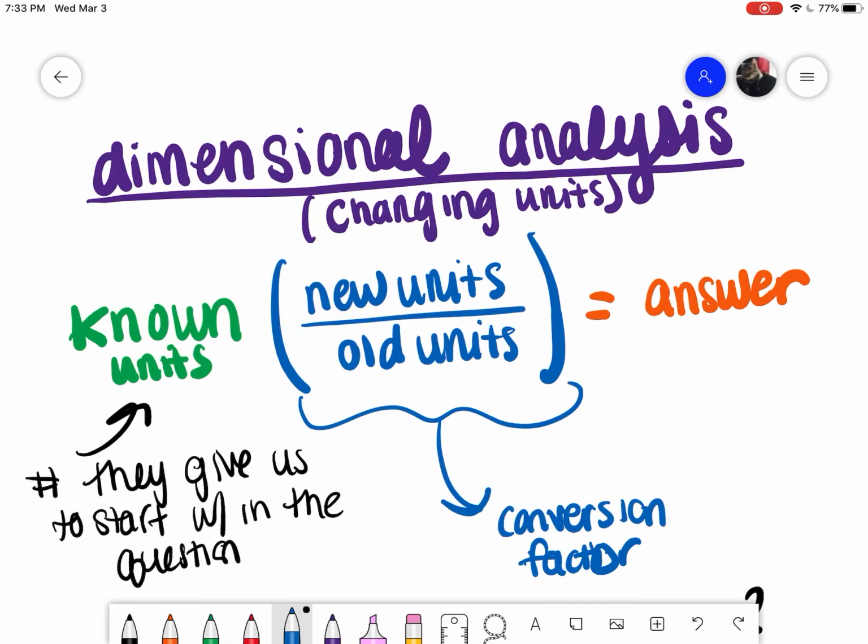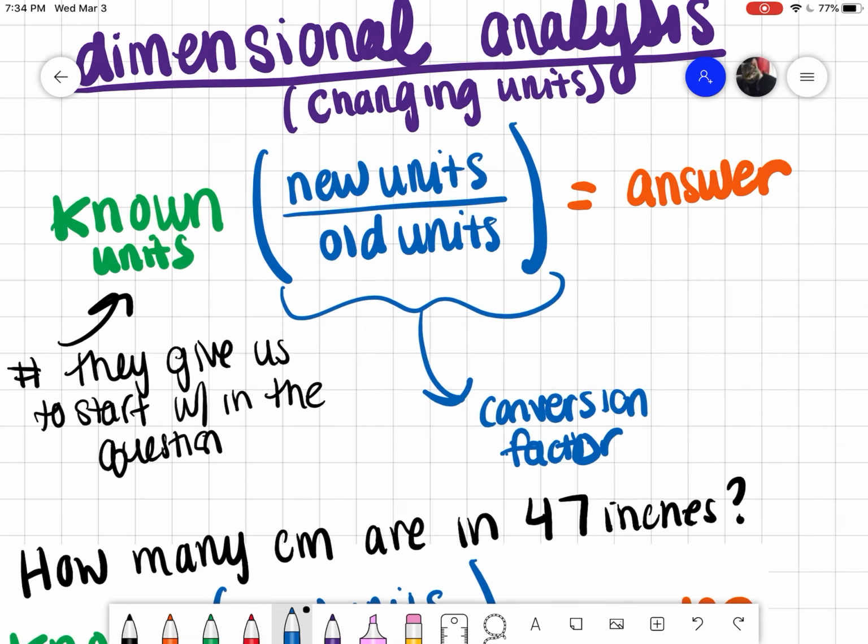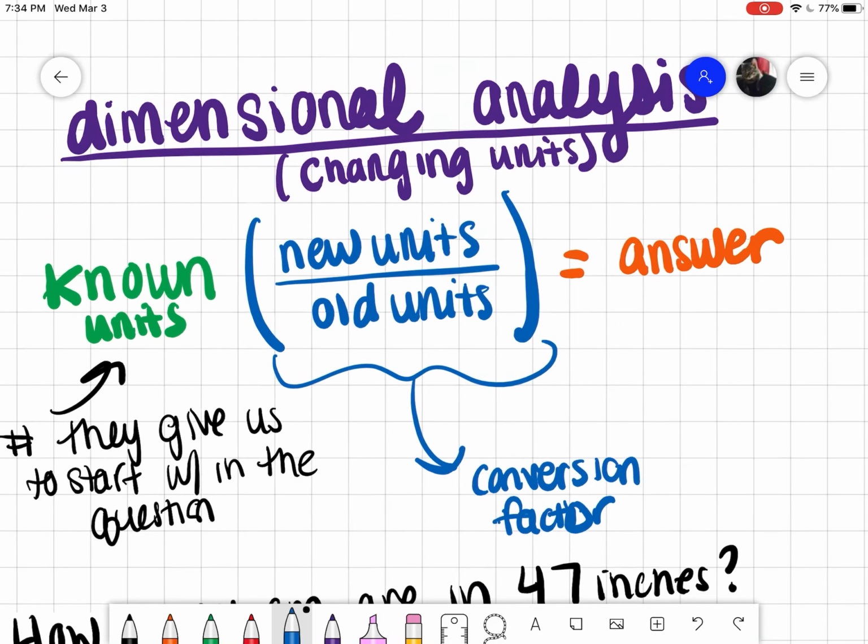This is where it's going to be like 1 inch equals 2.54 centimeters. It's going to tell you what something equals to something else. So that is what you're going to use to get from the units that they're giving you to start with to what they're asking you for. And what they're asking you for is going to be your answer.